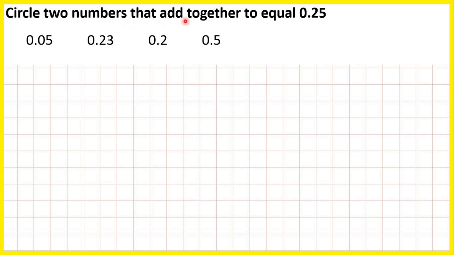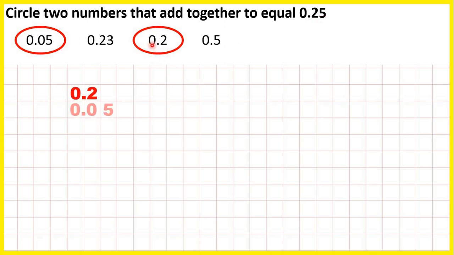Circle two numbers that add together to equal 0.25. So our answer is 0.05 and 0.2, because if we add 2/10 and 5/100, we get an answer of 0.25, because that's 2 in our tenths and 5 in our hundredths.